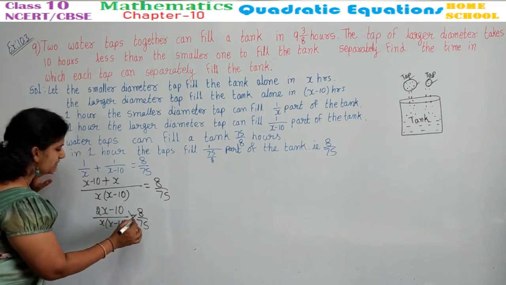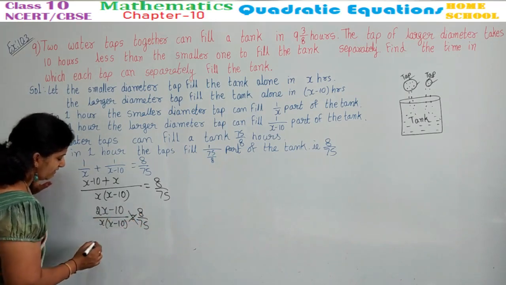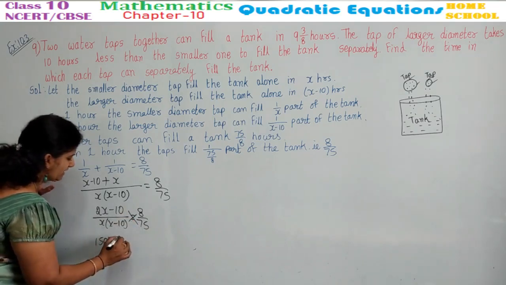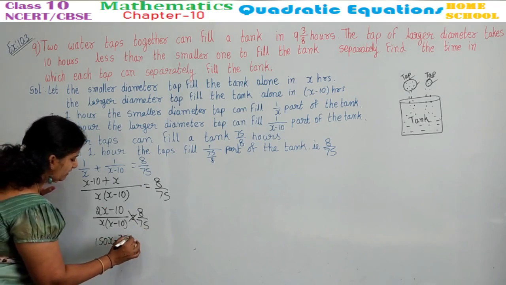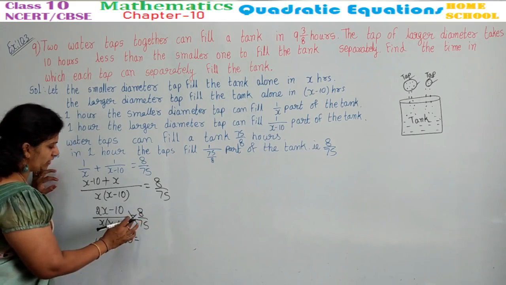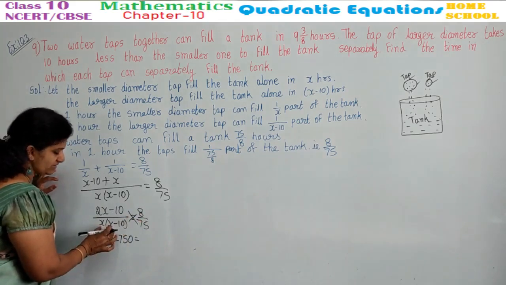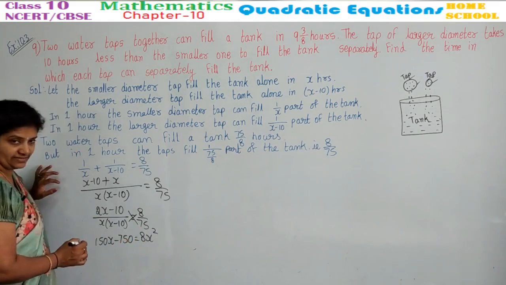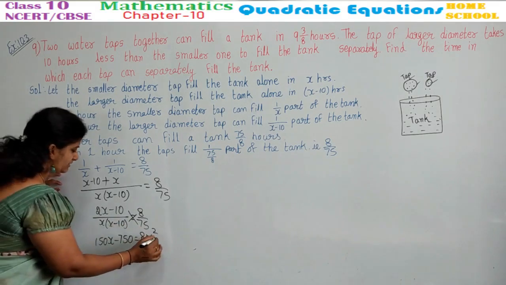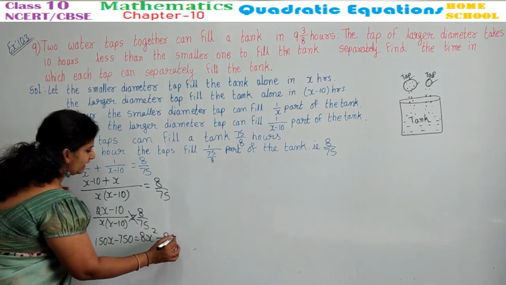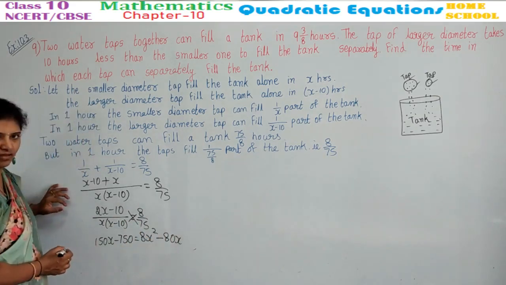Now cross multiply. 75 2s are how much? 150x minus 75 10s are 750 is equal to 8 into this one you need to multiply. x into x square, x square into 8, it will be 8x square minus 8x into 10, 80x.